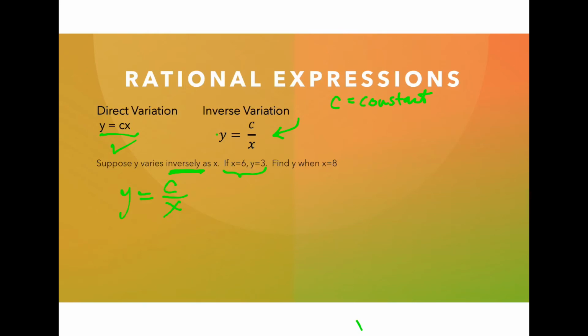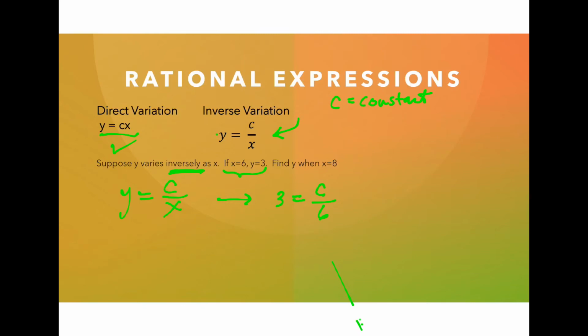So what we're told is, hey, here's one scenario. When x is equal to 6, y is equal to 3. So I can go, all right, well, let's plug that in. y is 3 when x is 6. And so what we want to do with this is to use this to figure out what c is.